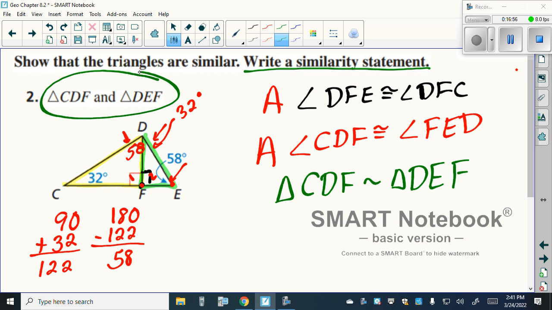C, D, F, and D, E, F. Will those letters always be in the right order? Some of the times, yes. And especially if they're telling us to show that this triangle is similar to this triangle, they're most likely giving it to us in the correct order. But that's it. Any questions on this here?